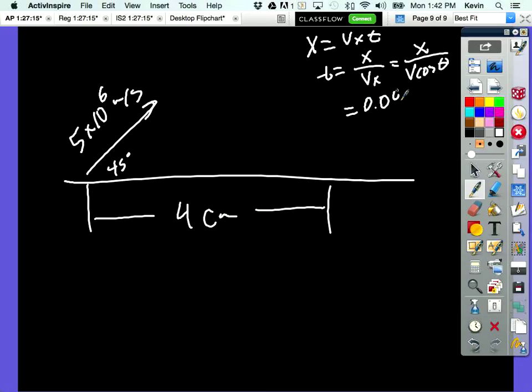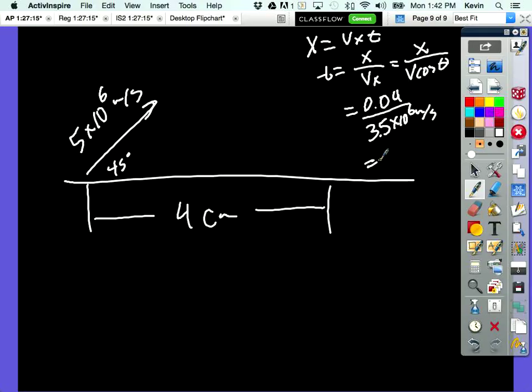So 0.04 meters divided by, that's going to be around 3.5 times 10, because it would be 0.7071, so 3.5 times 10 to the 6th meters per second. This is going to be around 1 times 10 to the minus 8 or something like that.